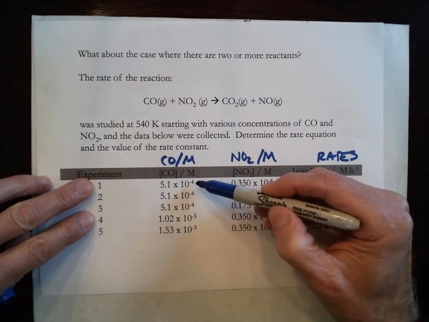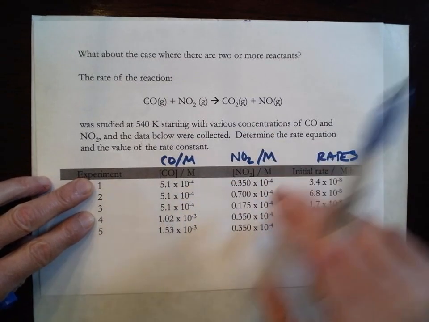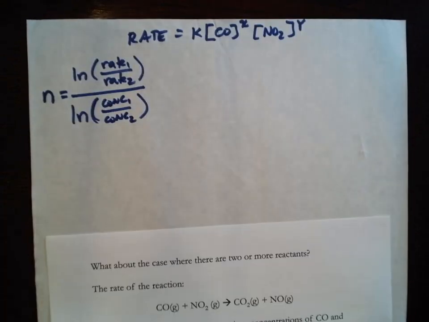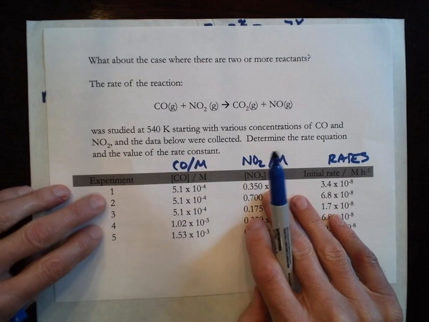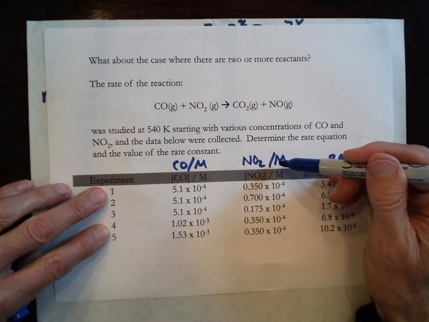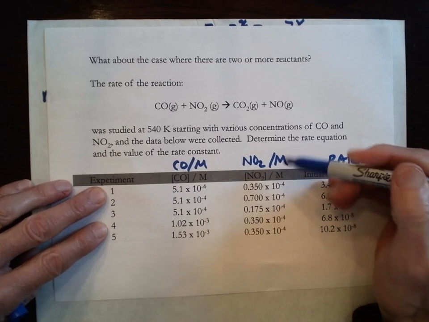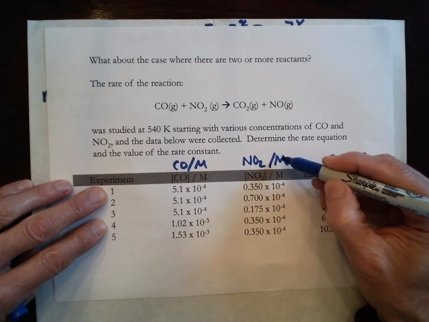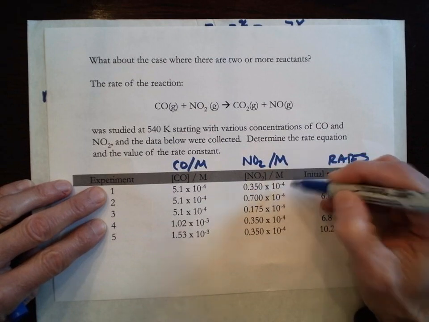Now, before I check to see if I'm going to use experiment 1 and 4 in my equation, I have to make sure that even though I'm varying the carbon monoxide concentration, I'm not varying the nitrogen dioxide concentration between the two runs. So the concentration of nitrogen dioxide had better stay constant between runs 1 and 4.